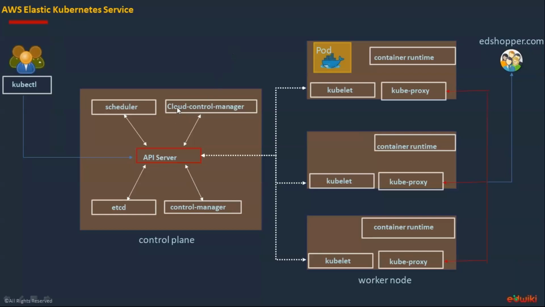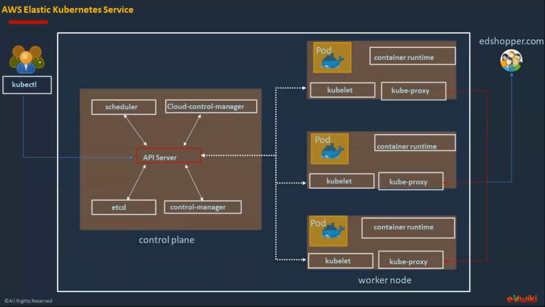We'll see the cloud controller manager component later because I need to have some use case. So if you see here, for every container a pod is created as an abstracted layer, and that's how Kubernetes gets the flexibility to manage it. You will know more advantages of why the pod is created later today.